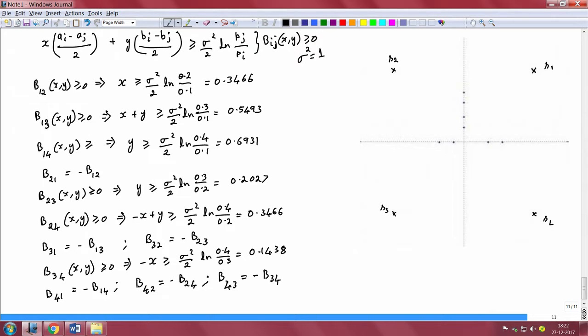So, let us plot these boundaries one by one individually. I will use a different color. Let us look at b12. So, b12 is x greater than or equal to 0.3466. The boundary looks like this.